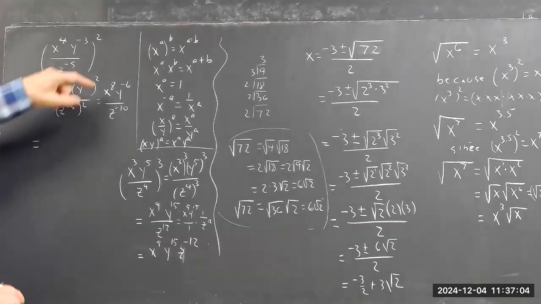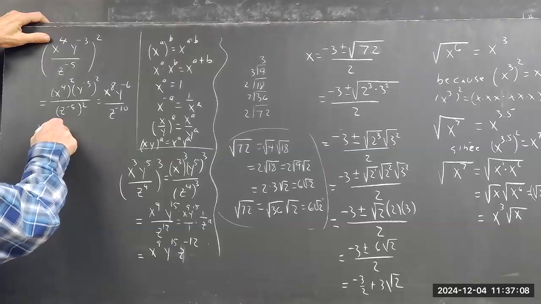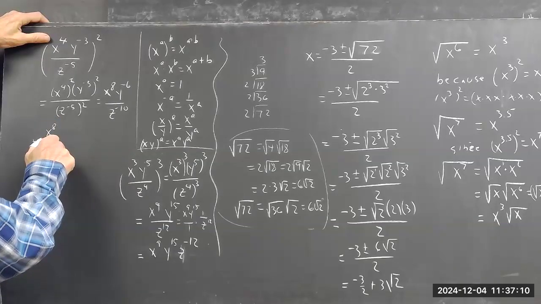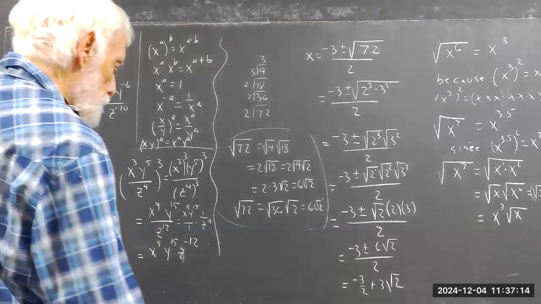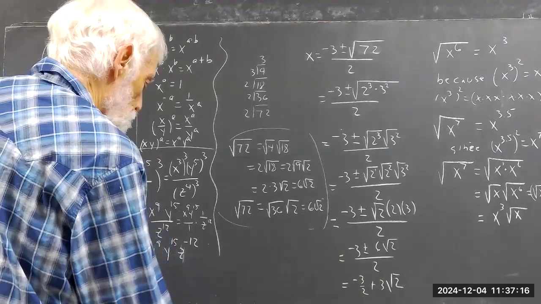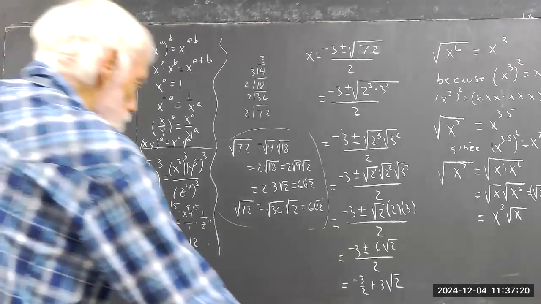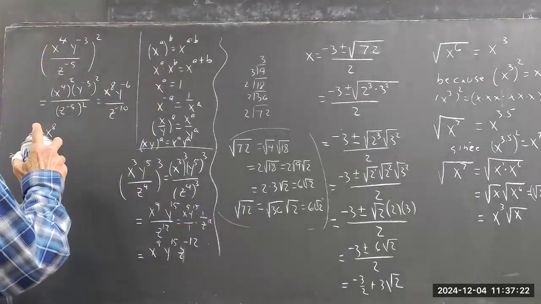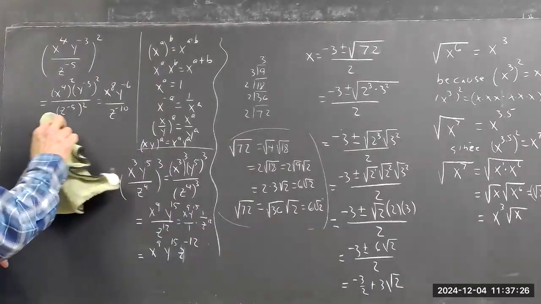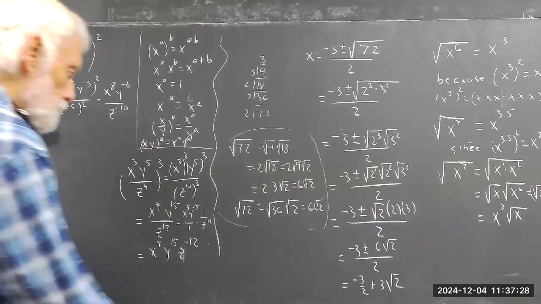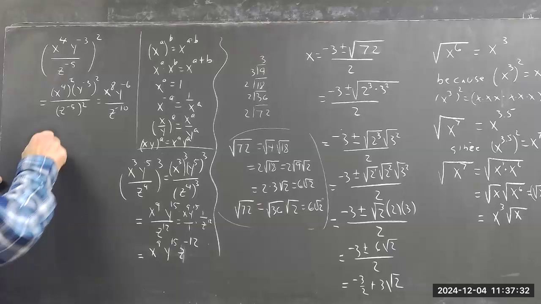Okay, well, look, what does this mean? This means x to the eighth. I'm going to do it in one additional step. We're trying to make this as clear as possible, but it could be a little confusing.